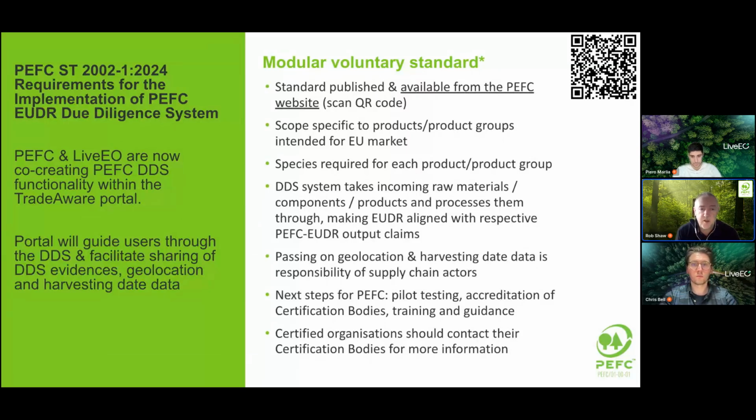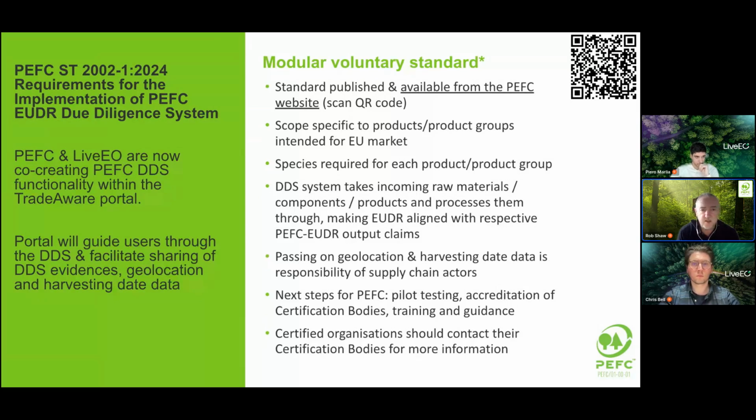So our EUDR modular voluntary standard has been available now, published on our website earlier in the summer, which you can get from the QR code on the right-hand side here. And for chain of custody certified organizations who take this extra scope, this will give you a standard and you will adapt your management systems to work with it.